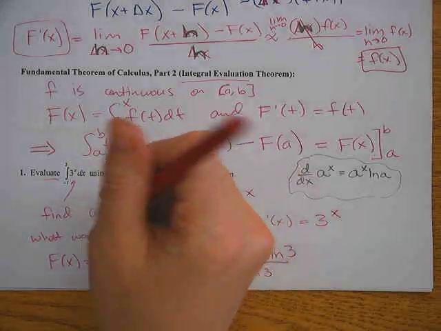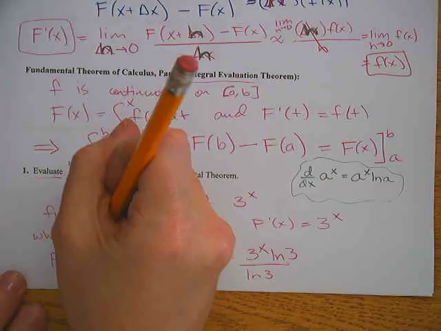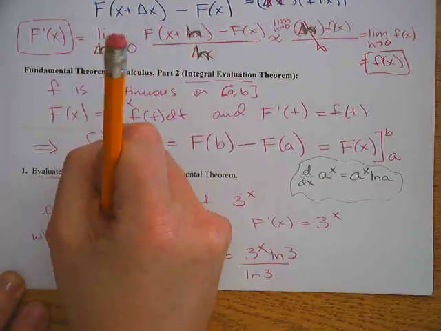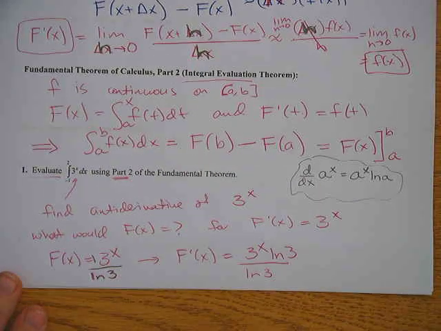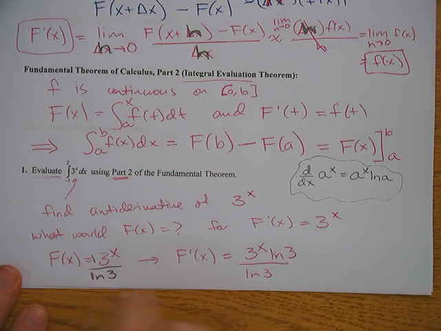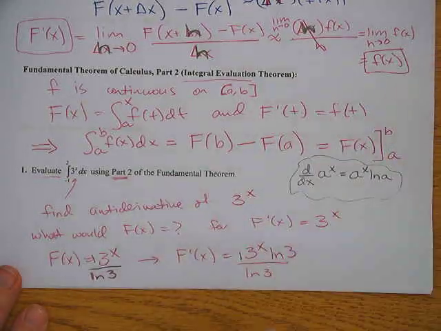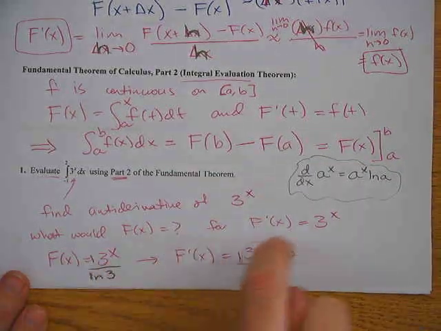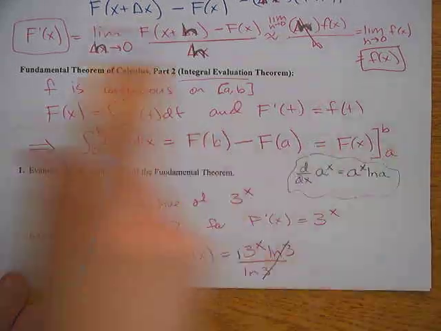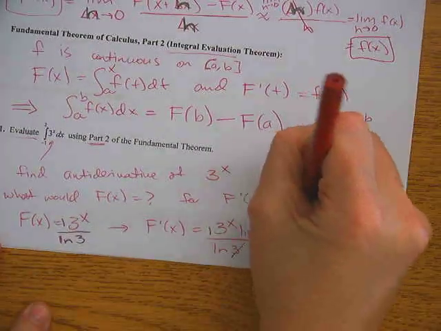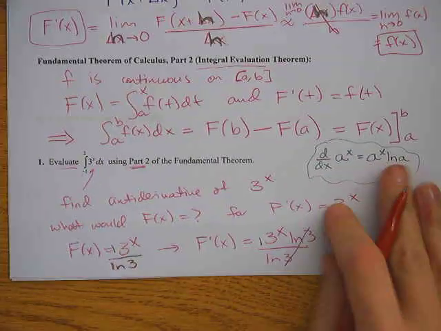So how would we be able to get rid of that, so to speak? Well, I'm thinking if we have it be in the denominator of our original function, that means it would have to be in the denominator of our derivative, because this would just be a constant. This would be like 1 divided by ln 3. That's just a number. It's just a constant.